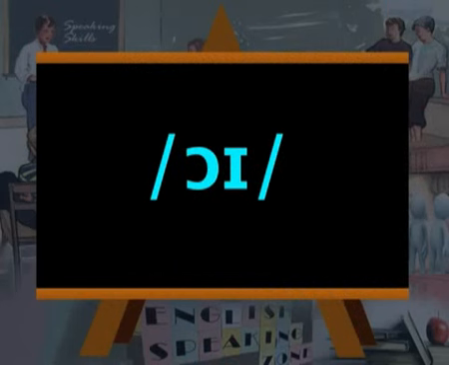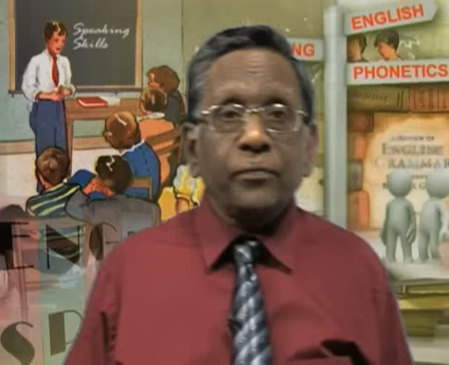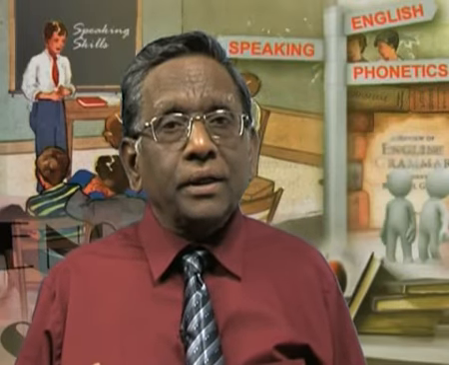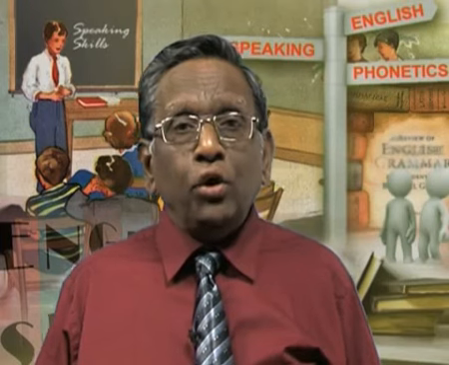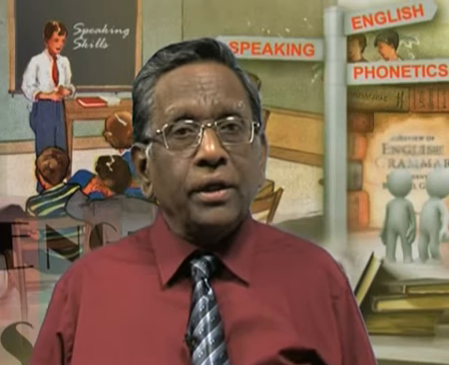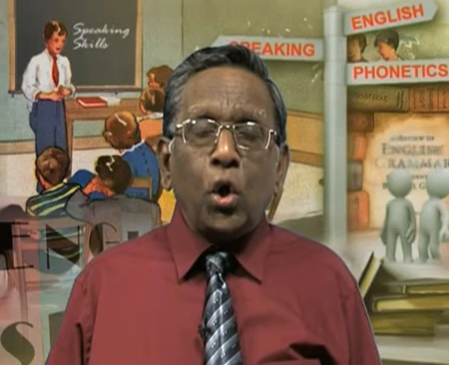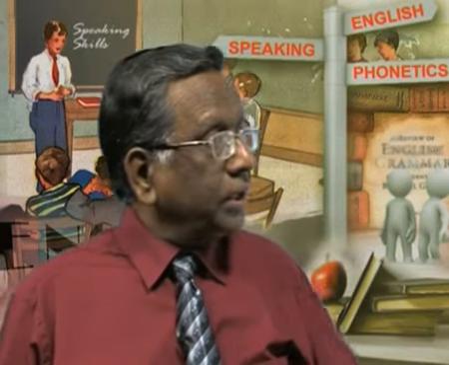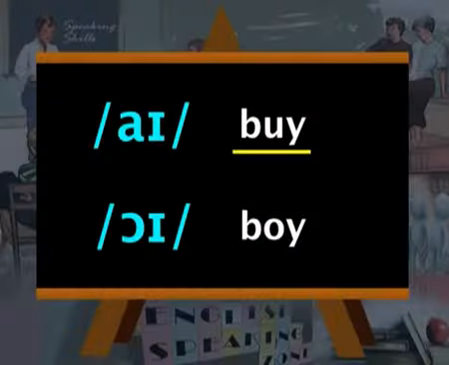And then we have another diphthong, which is oi, in a word like boy, B-O-Y, toy, C-O-I-L, coil, and so on. Instead of saying B-U-Y, buy, if you say boy, the meaning changes.